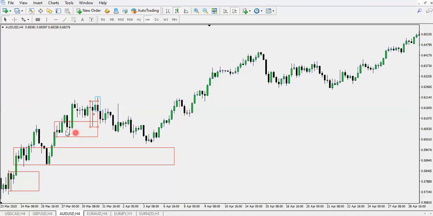So when price came down and wicked into this order block, it created another order block and rallied back up, but price was rejected, and this was the highest candle of that move.